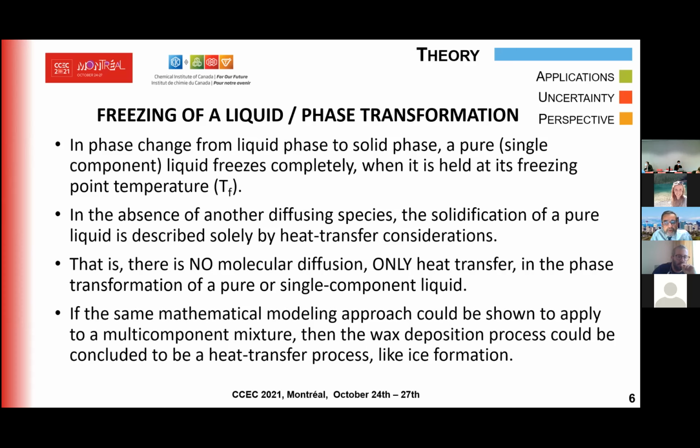So there is no molecular diffusion, only heat transfer in the transformation of a pure single component liquid into solid. So if the same mathematical modeling approach could be shown to apply equally well to a multi-component mixture, then the wax deposition process can be concluded to be a heat transfer process also, just like ice formation.